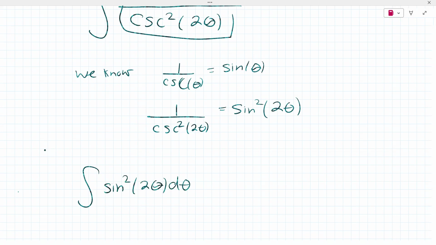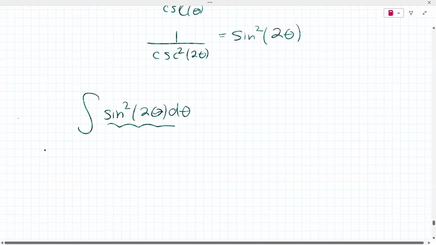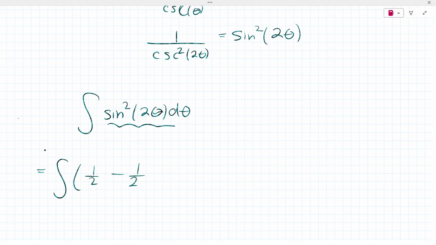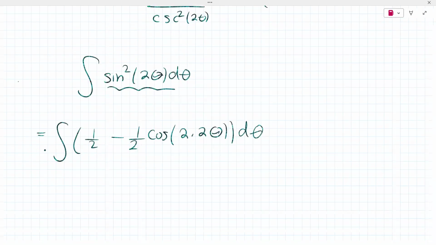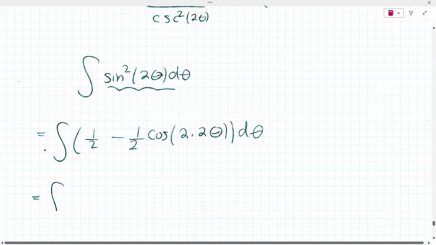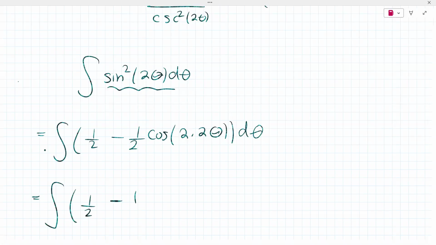Now, this is one of our half angle identities, right? So we know that it's going to equal 1/2 minus 1/2 cosine of 2 times 2 theta d theta. That's going to equal 1/2 minus 1/2 cosine.